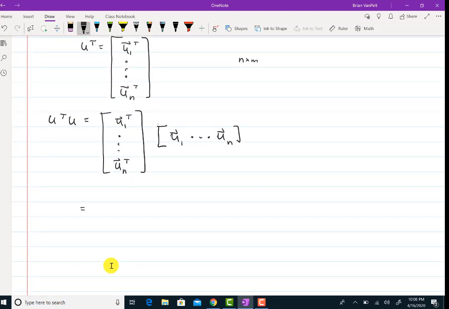And now when we do this multiplication out, remember I said we're going to have an n by n matrix. We have U1 transpose dotted with U1. If you remember how this works, you take the first row and dot it with that column, and that will give you the first entry in the matrix. And then we take this row and do it to the next column. So we'll take U1 transpose and dot it with U2. And you'll continue in this fashion to get U1 transpose dotted with UN.